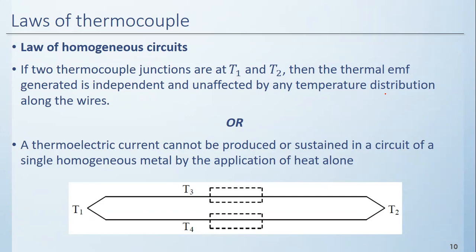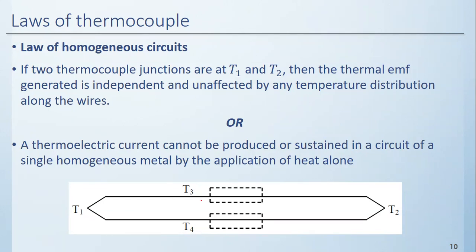Now we have three laws of a thermocouple. The first one is the law of homogeneous circuit. It says that for a thermocouple the two ends will be at different temperatures. Say the temperatures are T1 and T2 at both ends. The EMF produced depends only on the temperatures at the two ends.